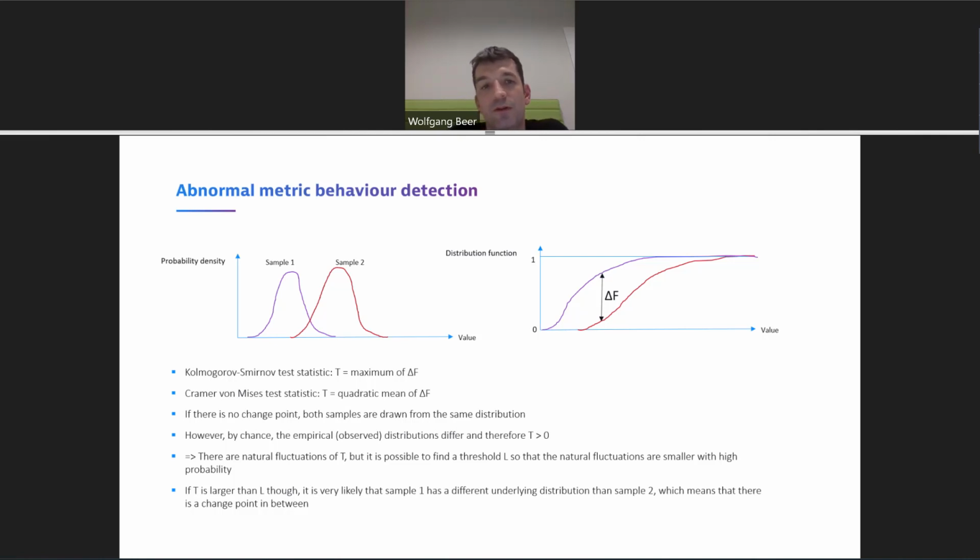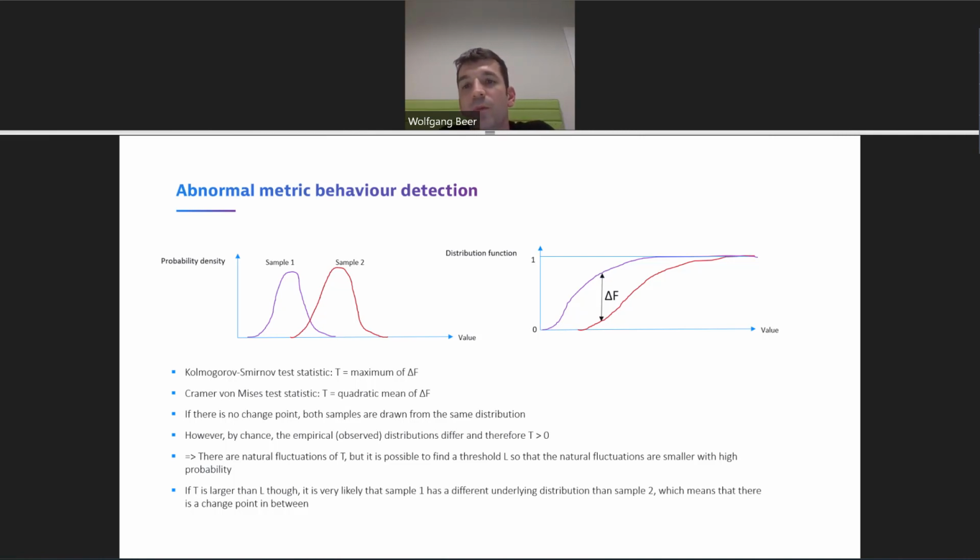If you have a distribution chart of sample 1 and sample 2, you will see that sample 1 is shifted relative to sample 2. Through that moving of the line, we can detect where the maximum of the delta between the two distributions is.